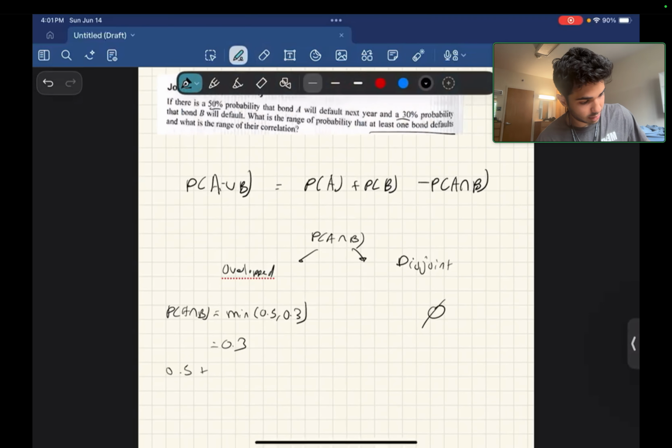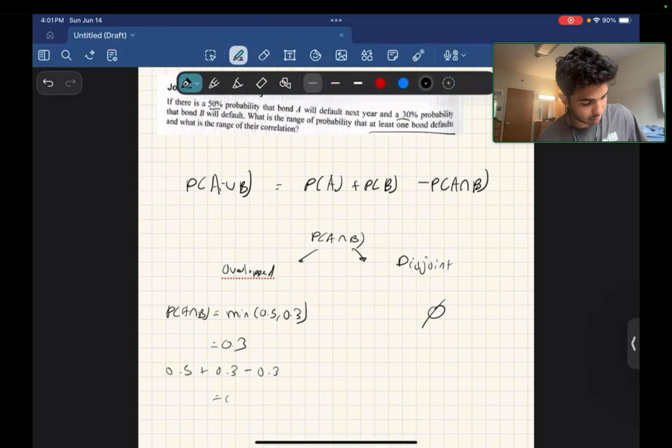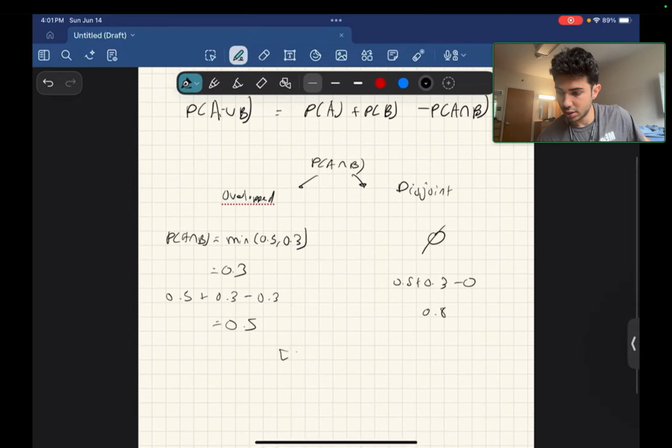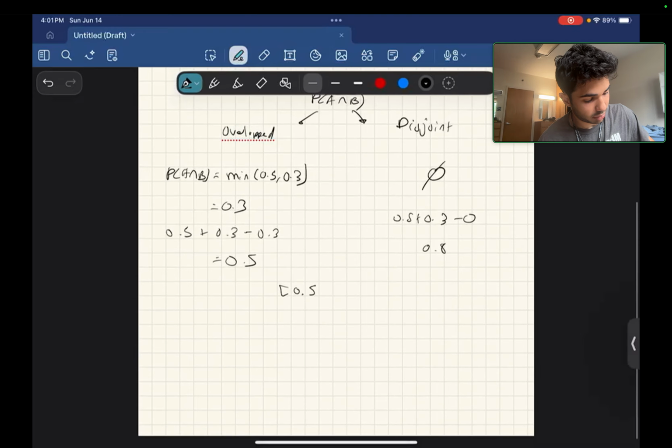Probability of B was 0.3. And in this case, probability of A and B was 0.3. So in this case, it's 0.5. In the other case, it's going to be 0.5 plus 0.3 minus 0. In this case, we get 0.8. And so the range of probability of at least one defaulting is 0.5 to 0.8.